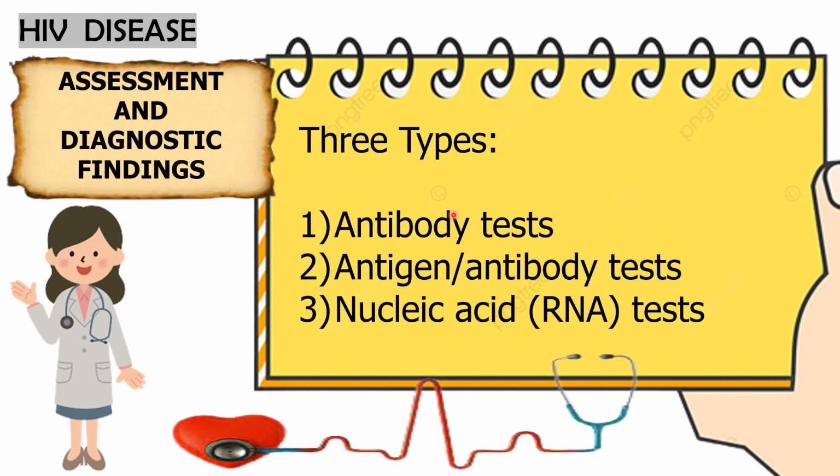For the assessment and diagnostic findings, there are three types of diagnostic findings, such as 1, the antibody test, 2, the antigen or antibody test, and 3, the nucleic acid or RNA test. During the first stage of HIV infection, the patient may be asymptomatic or may exhibit various signs and symptoms, such as fatigue or skin rash.